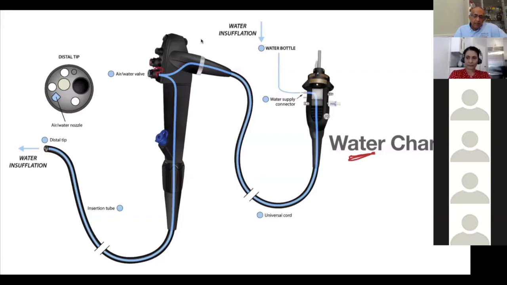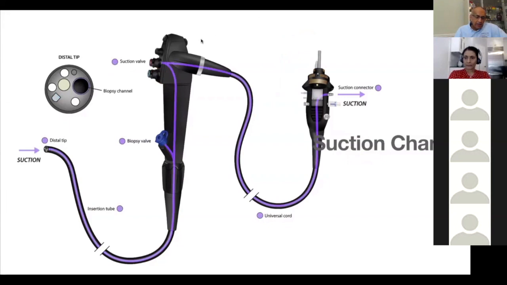These cannot be brushed, and these can only be flushed during the cleaning process. These are not accessible for brushing or trying to clean the channel. And that's one reason your water has to be very clean and sterile. And you don't want to put anything into the water bottle except sterile water.